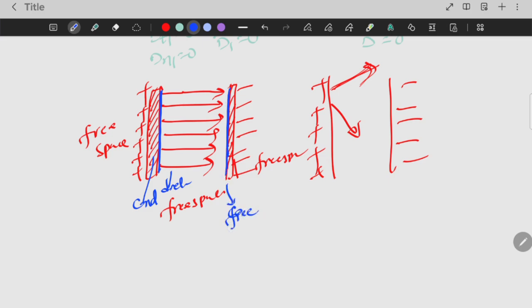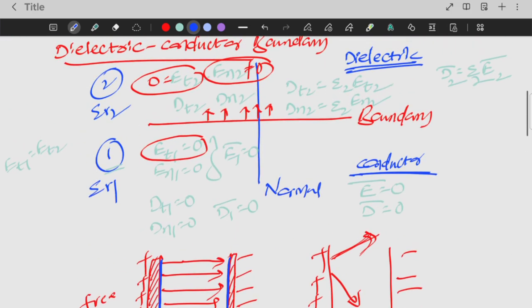Free space is the dielectric medium only. So this is the free space and this is the conductor. It comes under the second case only, that means the dielectric conductor boundary.